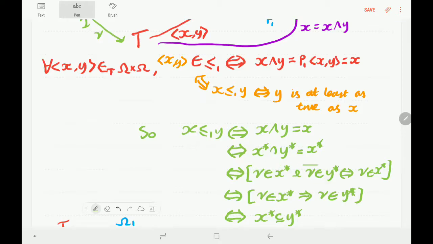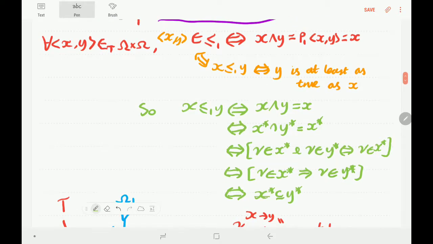And now thinking in terms of generalized elements, this means that v is in x star and v is in y star if and only if v is in x star. And that's equivalent to saying that v is in x star implies v is in y star, which is equivalent to saying that x star is contained within y star.